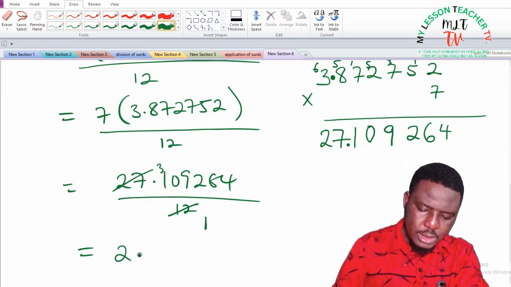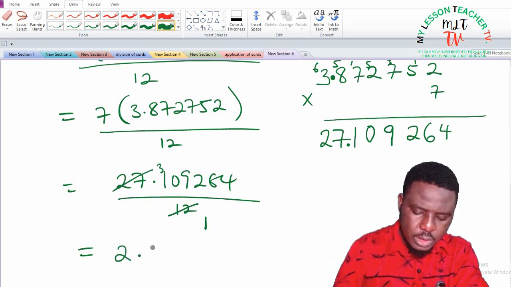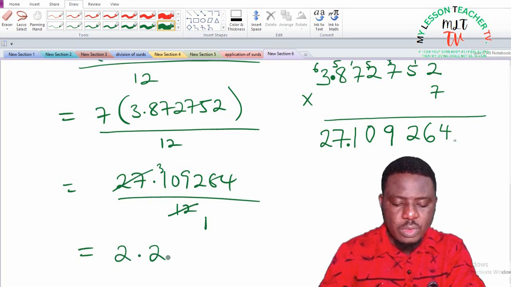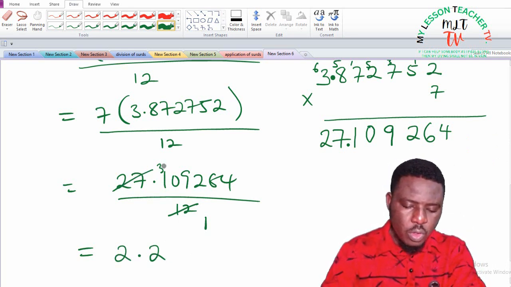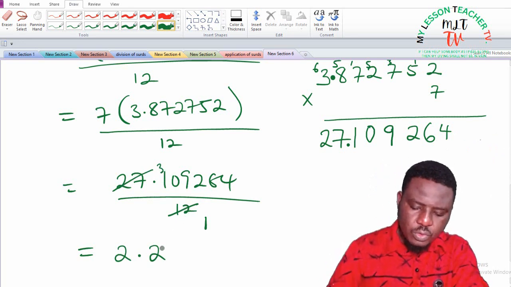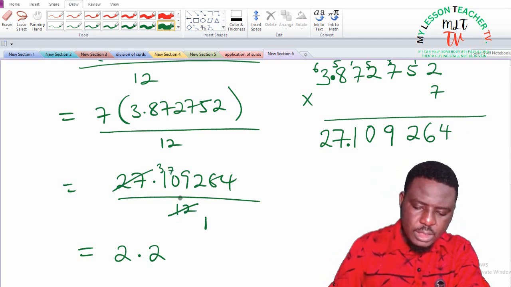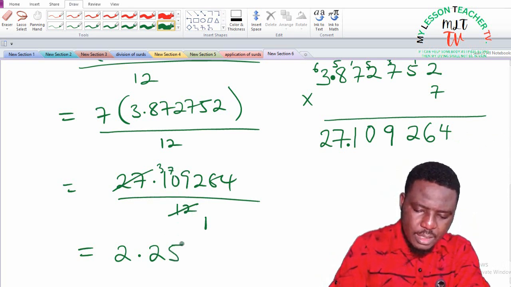I'll put my point. 31 divided by 12 is 2, because 2 times 12 is 24. So 2 remainder 7. This becomes 70. 70 divided by 12 is 5 remainder 10, because 5 times 12 is 60.